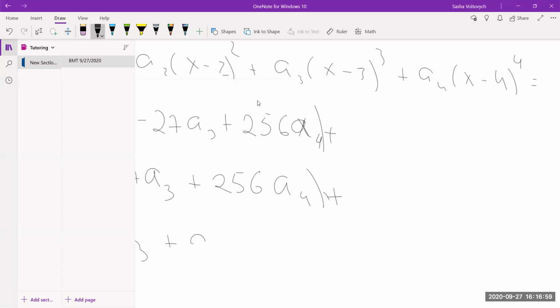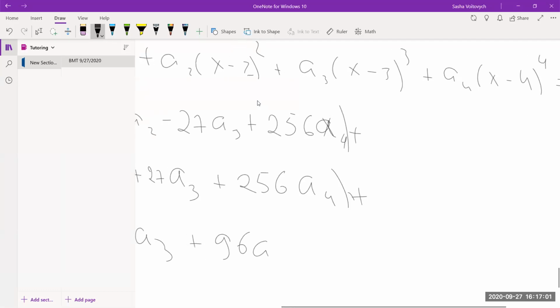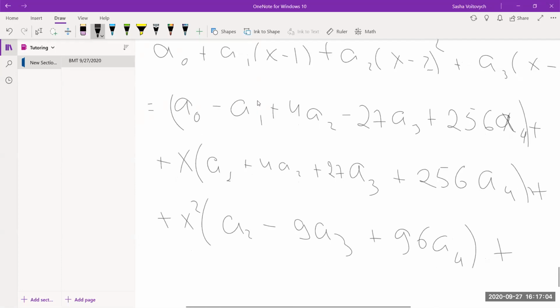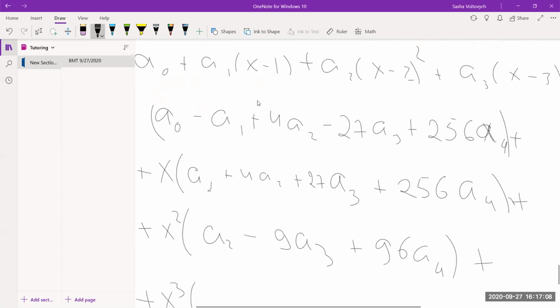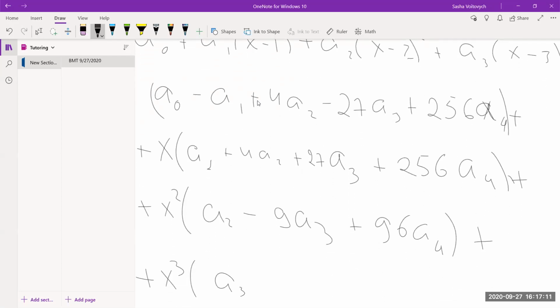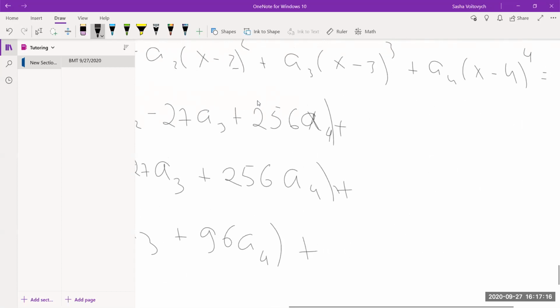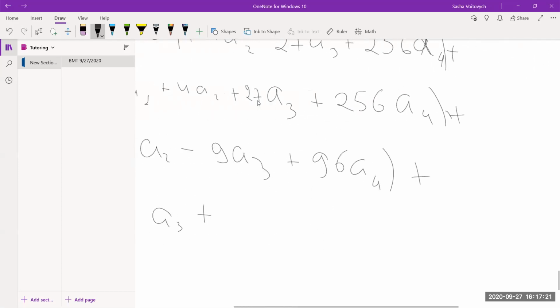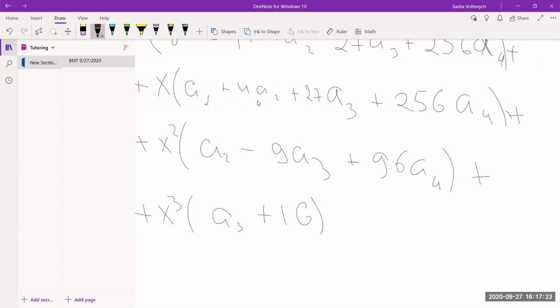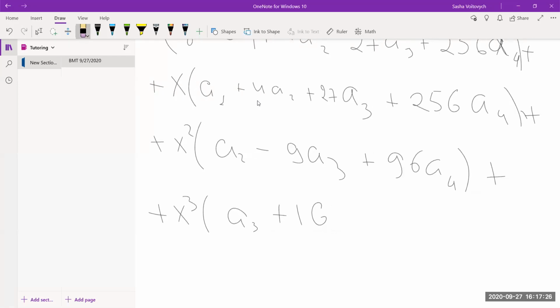Yeah, 96 A4. So the coefficient of x cubed is going to be equal to A3 plus 16A4. And the coefficient of x to the 4, just A4.